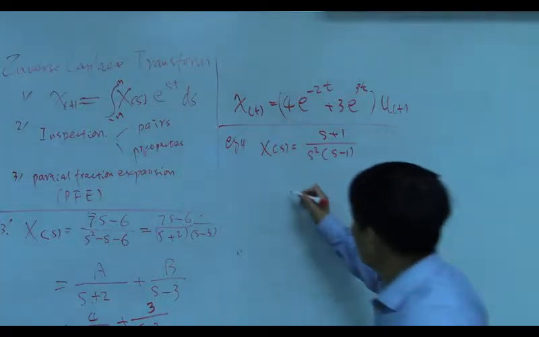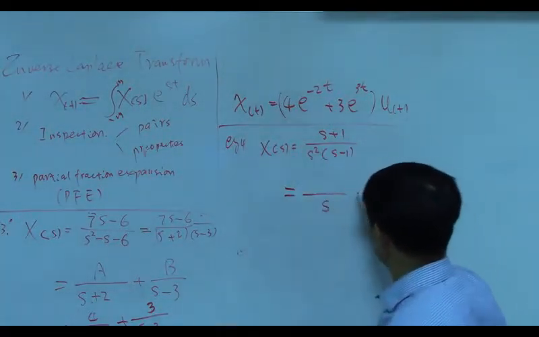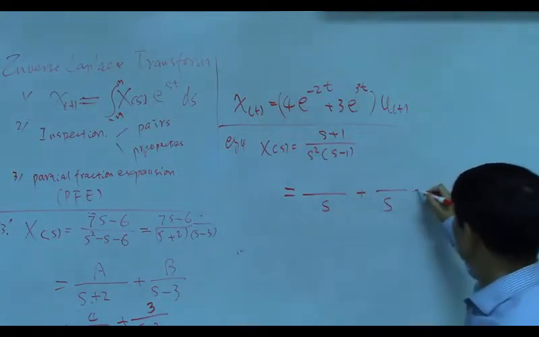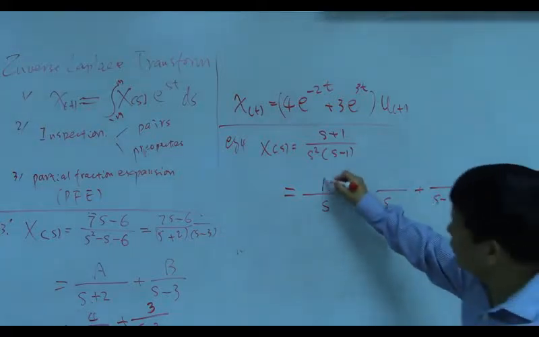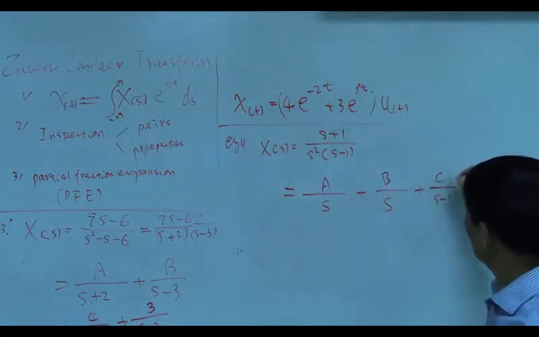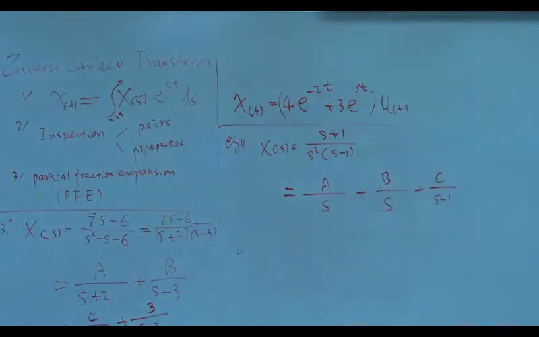So that means we are going to write this one as s, s, and s minus 1. We have 3 terms, right? We have A on the top, we have B, we have C. Okay, it's good?